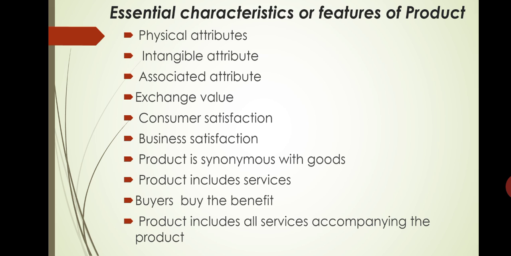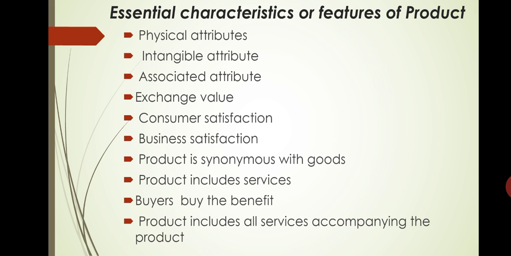And associated attributes. A product has certain associated attributes to facilitate its identification and easy recognition by the buyers. Understood? Such attributes include brand name, package, warranty, credit facility, free home delivery. Most of the products are sold with these attributes. If a product has a good brand name, take for example Adidas, it shows the brand name of the particular product, right?